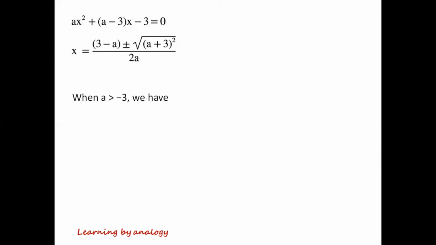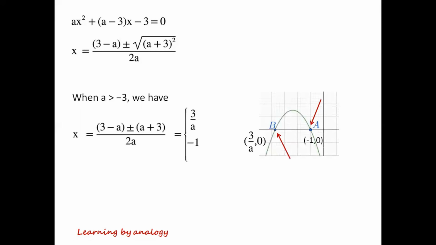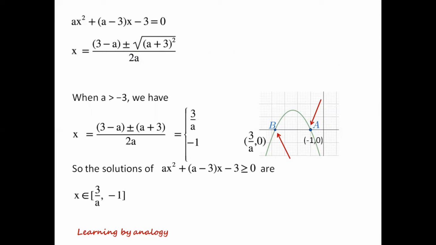When a is greater than −3, we have x = ((3 − a) ± (a + 3)) / 2a, which equals 3/a or −1. So the solutions of ax² + (a − 3)x − 3 ≥ 0 are x in the closed interval from 3/a to −1.